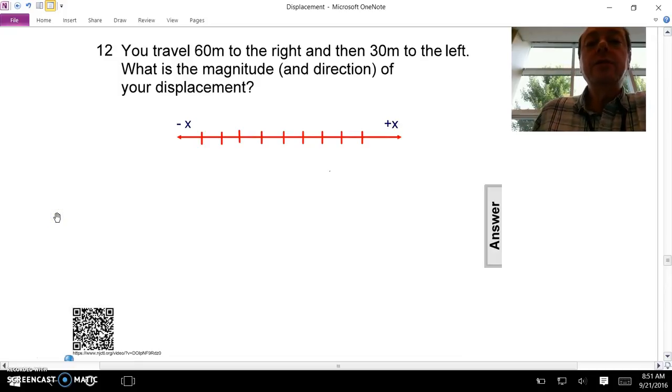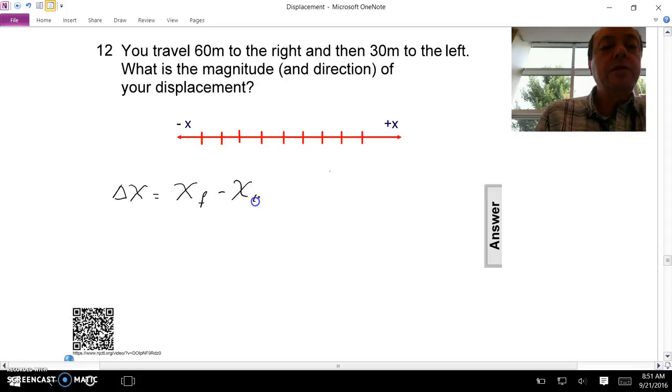You travel 60 meters to the right and 30 meters to the left. What is the magnitude and direction of your displacement? Well, the displacement is equal to final position minus initial position. And we have two of these, right? So I'm going to say that the total displacement is equal to my first displacement plus my second displacement.